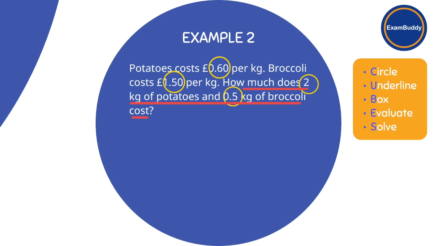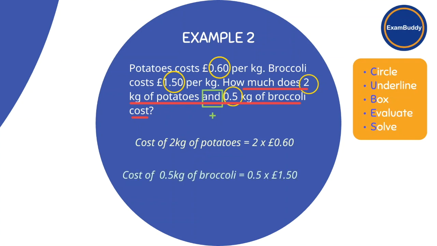Now, let's box the operation keywords. We have and. Remember, we talked that this normally means add. Now let's go on to evaluate the information that we have. So we know the cost of 2 kilograms of potatoes, and we know the cost of half a kilogram of broccoli.